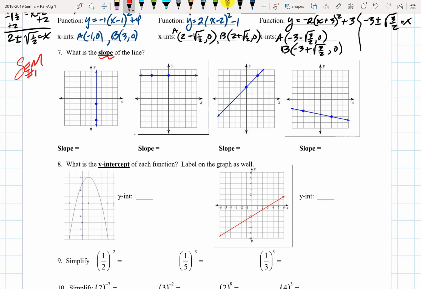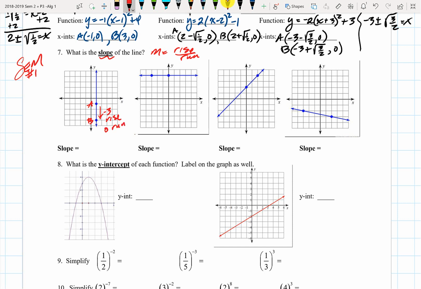So what's a slope? Slope is rise over run, as you guys should know. It's one of those basic concepts. So from A to B, the slope is simply down 3. That's the rise with no run, 0 run.